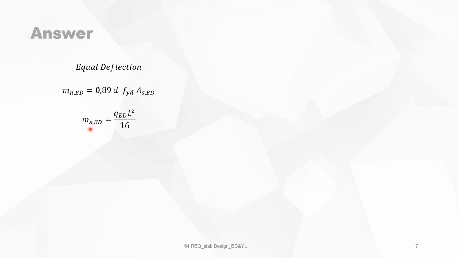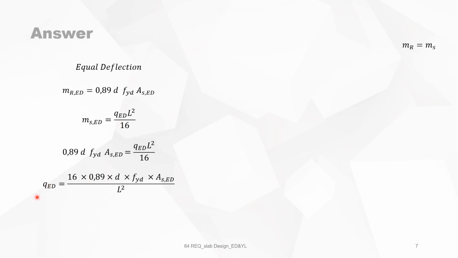And for the acting bending moment for equal deflection, of course, we just calculated QL squared over 16. The acting bending moment must be equal to the resisting bending moment. So those two are equal to each other. We obtain this. And from there, we can calculate the load that can be taken by the method of equal deflection. And it is equal to this formula.